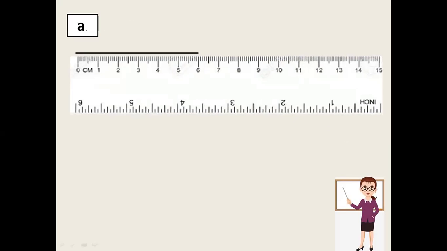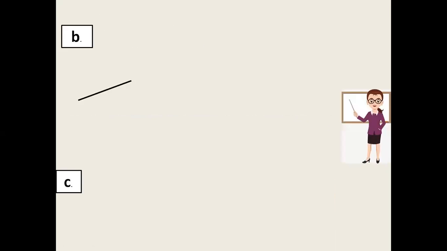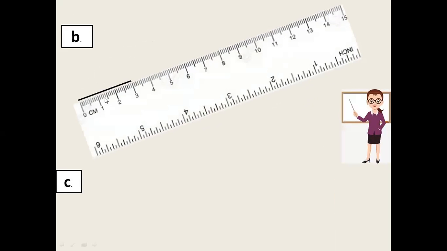And the length of this line is 6 centimeters. Okay, now this B, you have to find out the length of this line. So keep this ruler like this, start from the 0. Thus the length of this line is 3 centimeters.